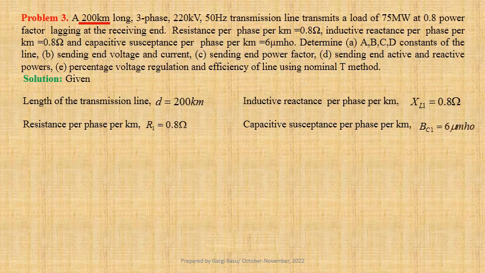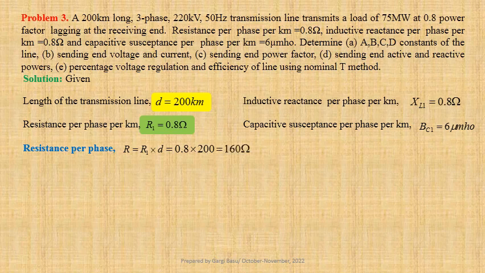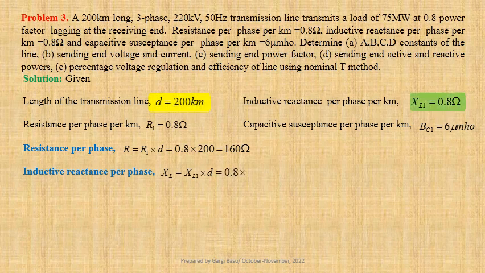Now we shall compute resistance per phase R equals R1 into D. Using values we get 0.8 into 200, that gives us 160 ohm. Inductive reactance per phase XL equals XL1 into D. Using values we get 0.8 into 200, that gives us 160 ohm.